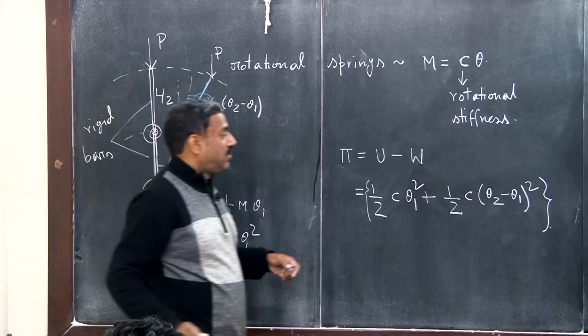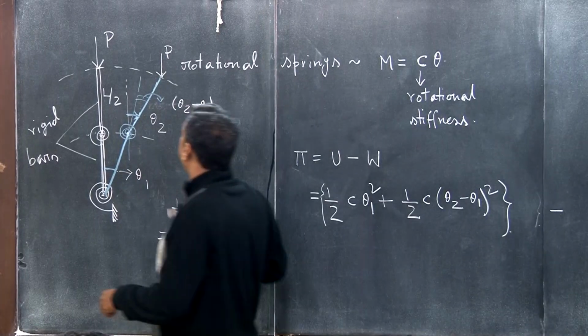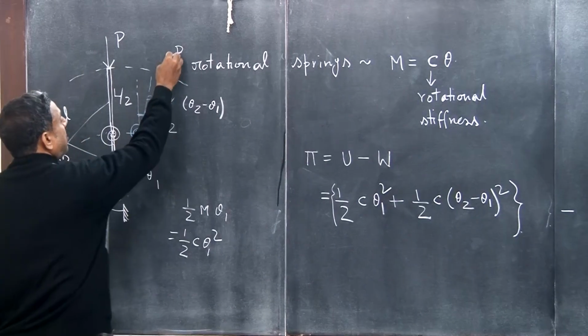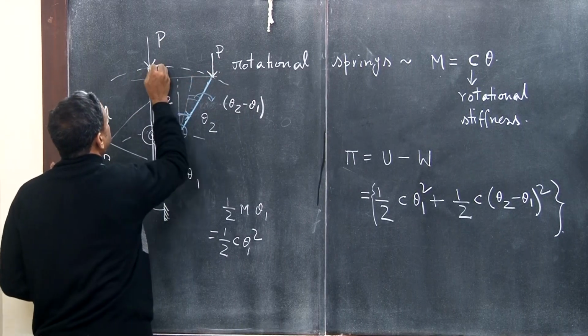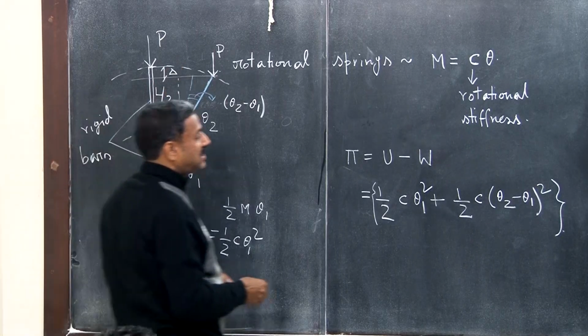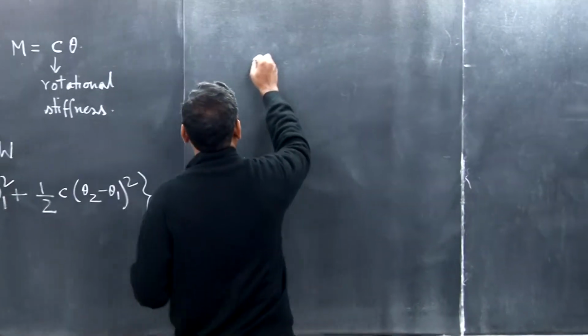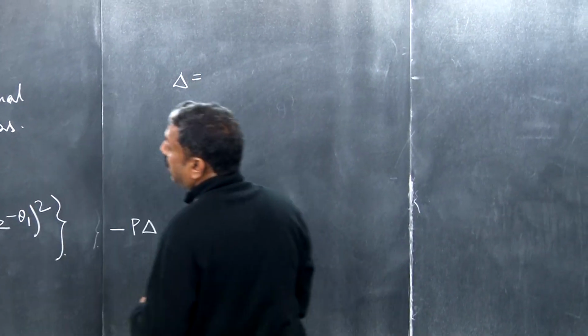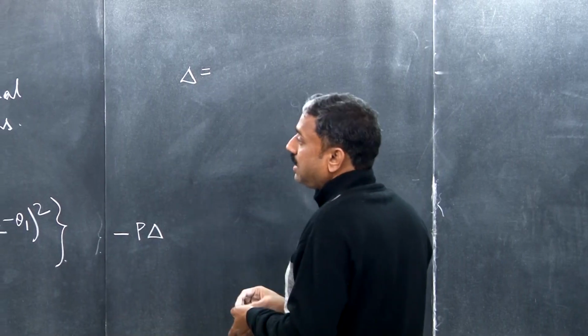Okay, and then what is work done? Work done is done by this load P. This load P is moving a distance, vertically downward, delta. So I am writing P into delta, and this delta, the vertical deflection of the point of application of load P, will be what?